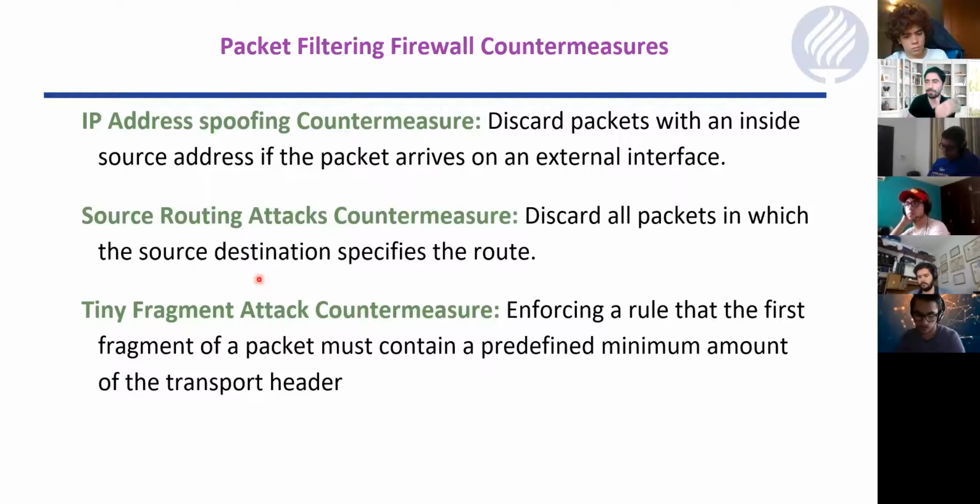So each packet by itself can look legitimate, but the complete one can be suspicious. To counter this, you can enforce a rule that the first fragment of the packet, because when the packet is big you break it down and send it in multiple packets, should have a predefined minimum amount of the transport header. So you can make sure this transport header is safe to pass because it has enough information.